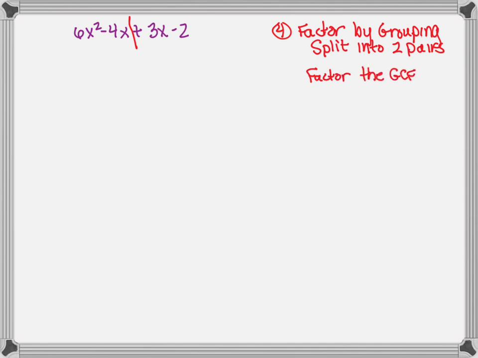And then we'll factor out greatest common factors from each pair. So I'm looking at 6x squared and negative 4x. My greatest common factor is 2x. When I factor that out of the first pair, I'm left with 3x minus 2. So then I look at my second pair. I have positive 3x minus 2.